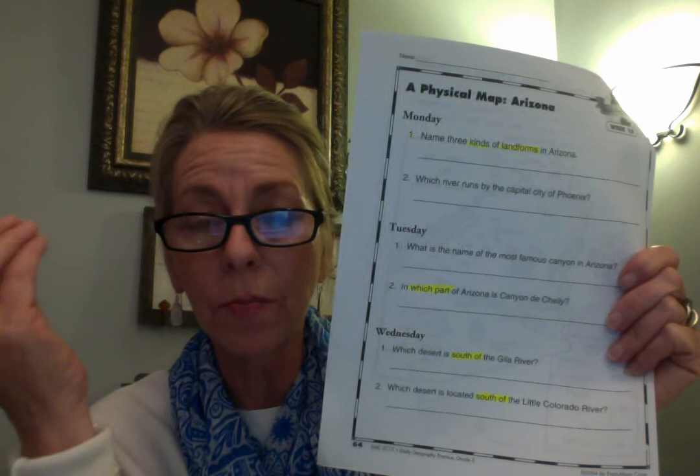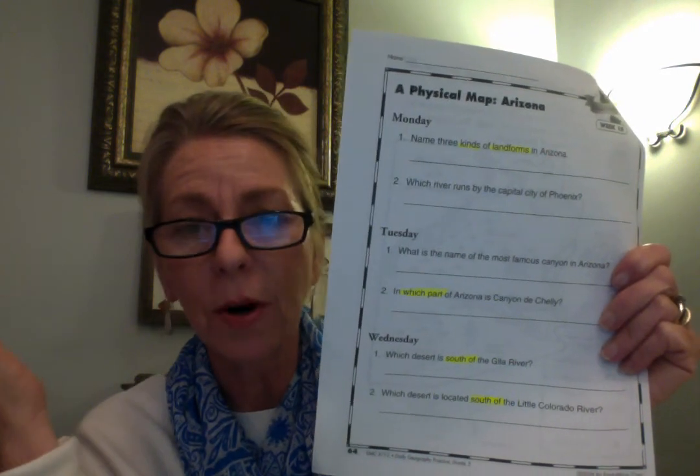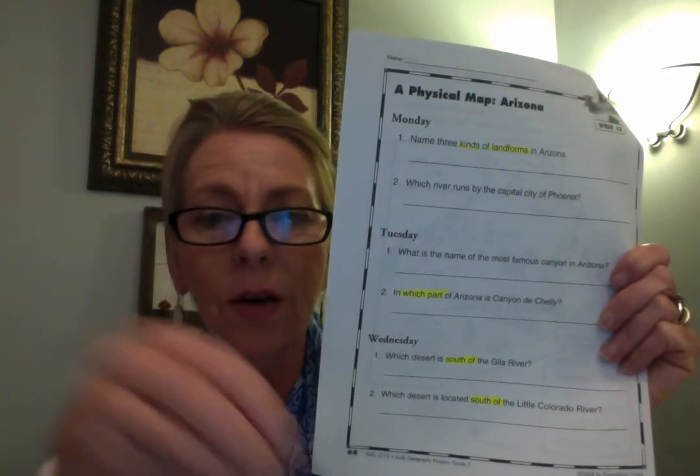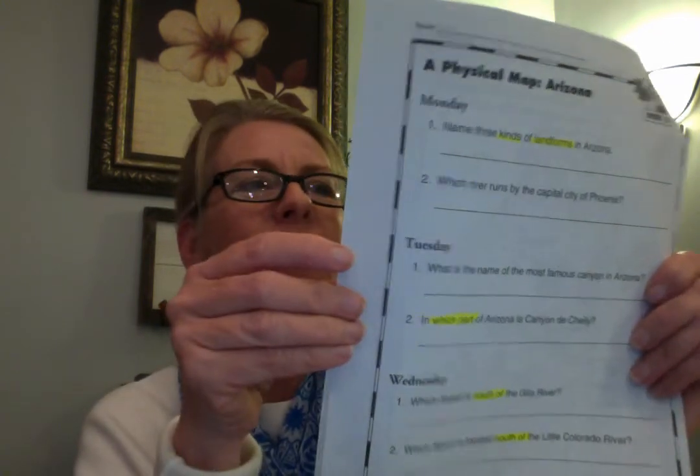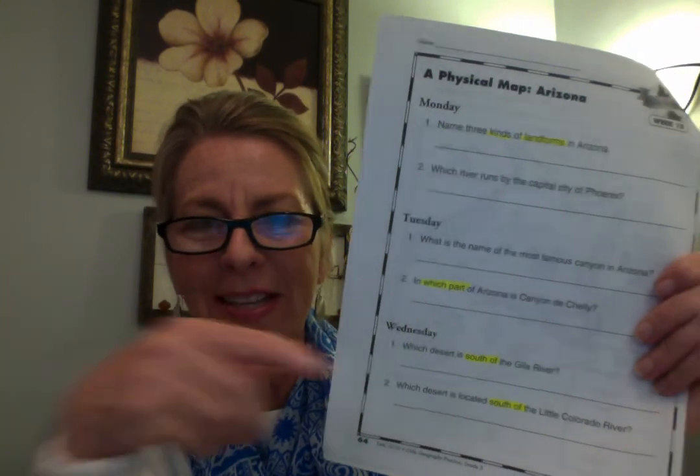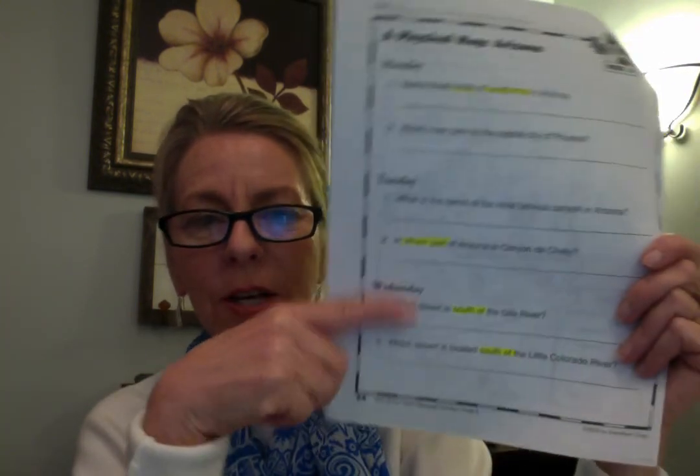Is it the northern part? Is it the northeastern part? The northwestern, southwestern, southeastern, western? What part? So you're going to have to look for this Canyon de Chelly. And you're going to have to look at the state, look at the compass rose, and find out which part of Arizona it is in, so you can give us the direction on that.